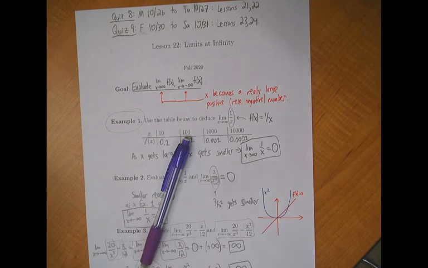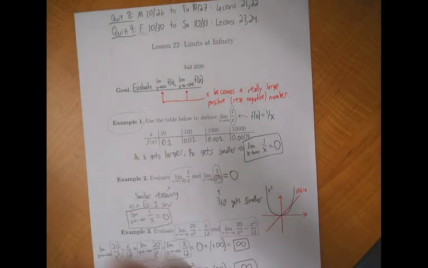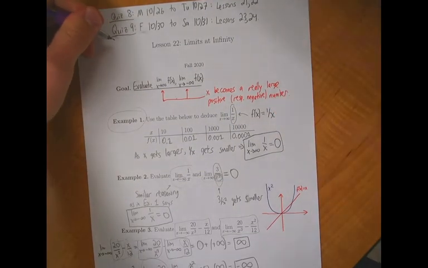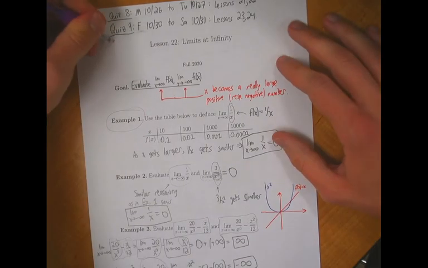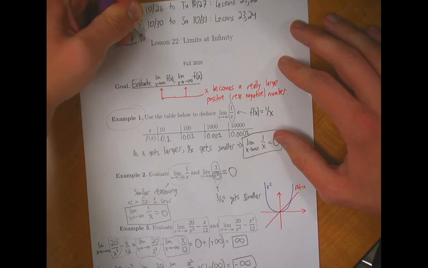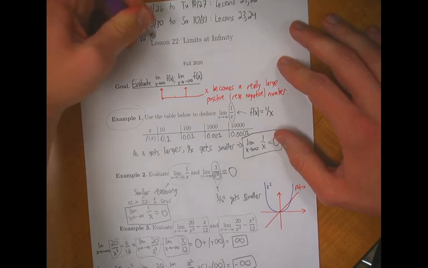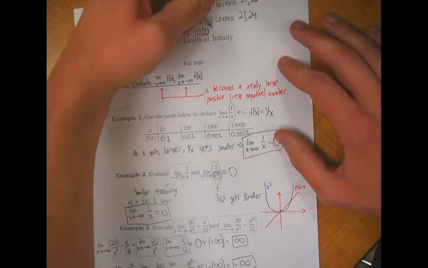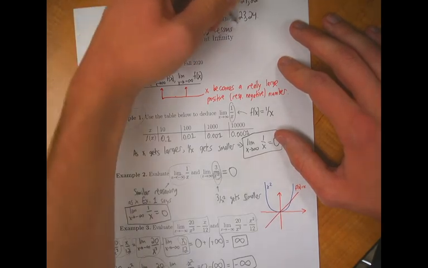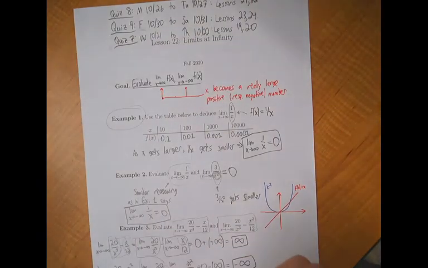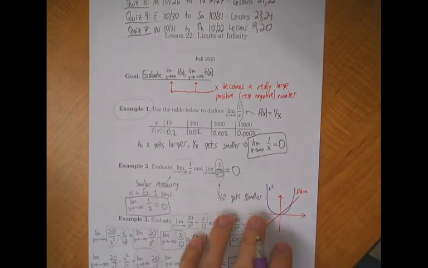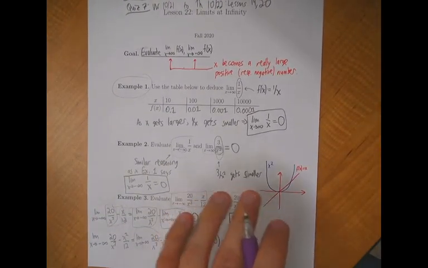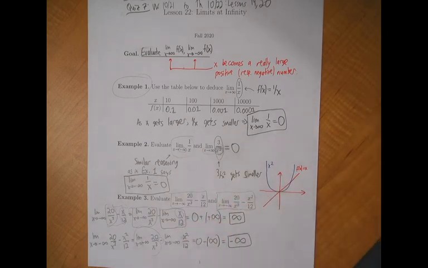My bad, let me fix that. So quiz 7 is today. It's 10:21 to Thursday 10:22, lessons 19 and 20. No problem. I thought for some reason we already did the quiz. Oh, the quiz we're doing today. Okay, right, that one.